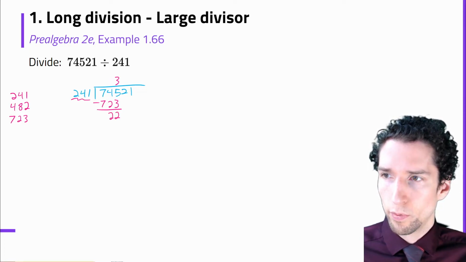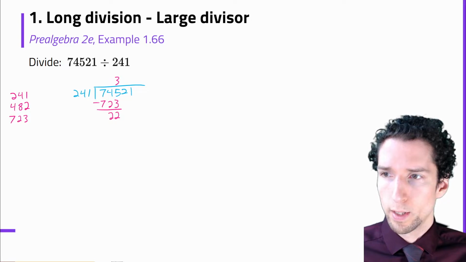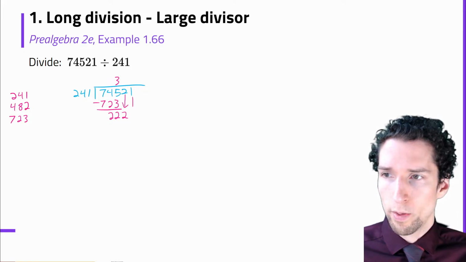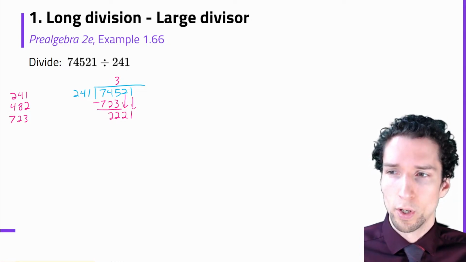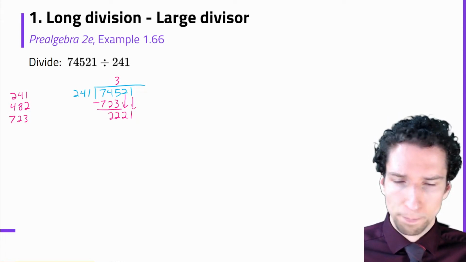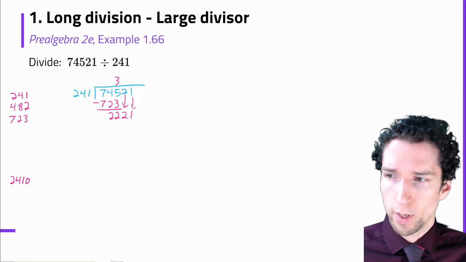Okay, so now 241 into 22. That doesn't work, so bring down the next digit. 2 here, still not working. Okay, so we have to bring down the next digit as well here. So 241 into 2,221. How many times does that go in? Well, 241 times 10 would be 2,410, and then subtract 241 from that.